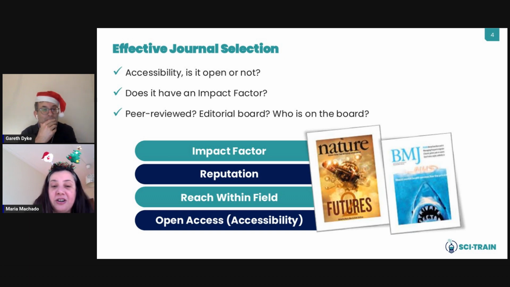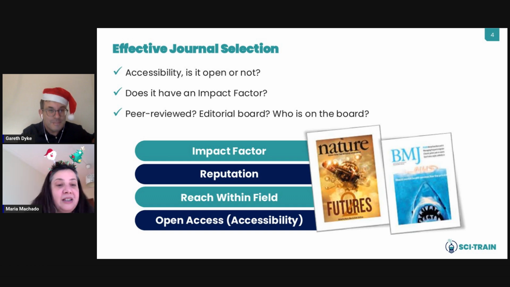So if the journal is open access, then it's much better because everyone will have access to what you publish. And then the reputation of the journal within your field, whether it's widely cited, whether people know the journal and aim to be published in it.